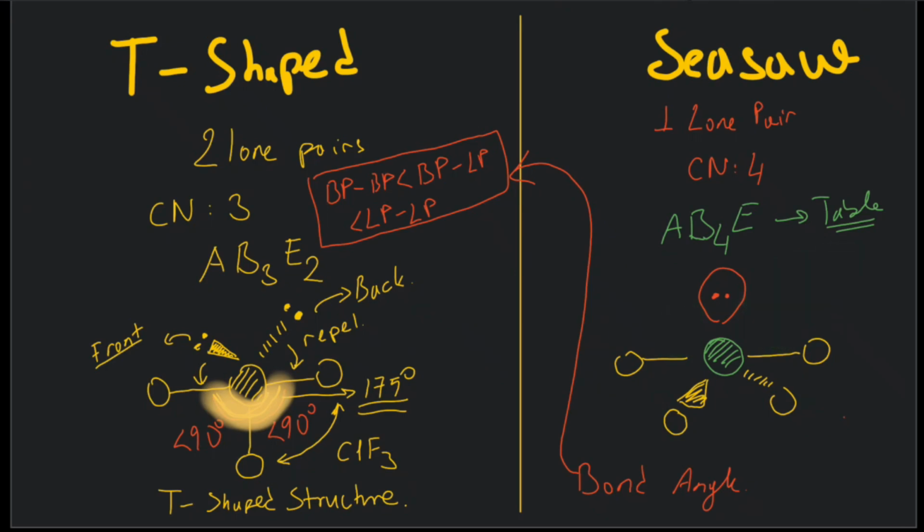Okay, actually it is exactly 129.2 degrees for the SF4 molecule. So this is the sulfur atom, the green one, and these are the fluorine atoms in this case.